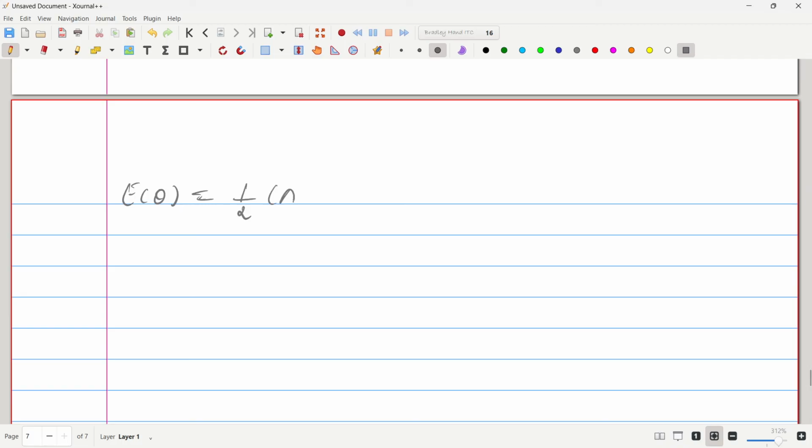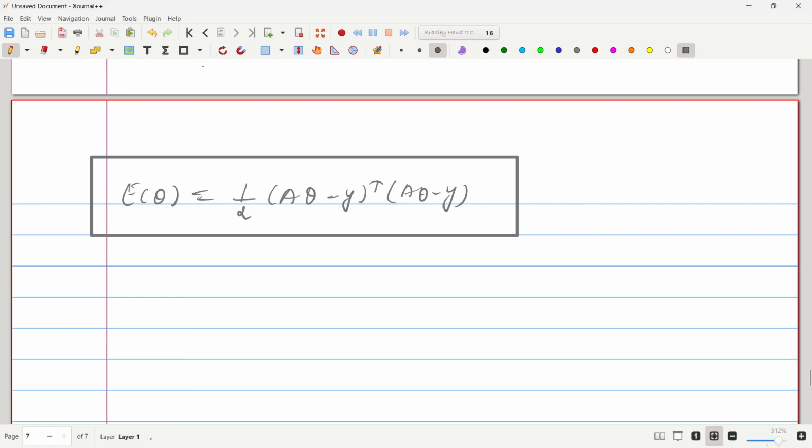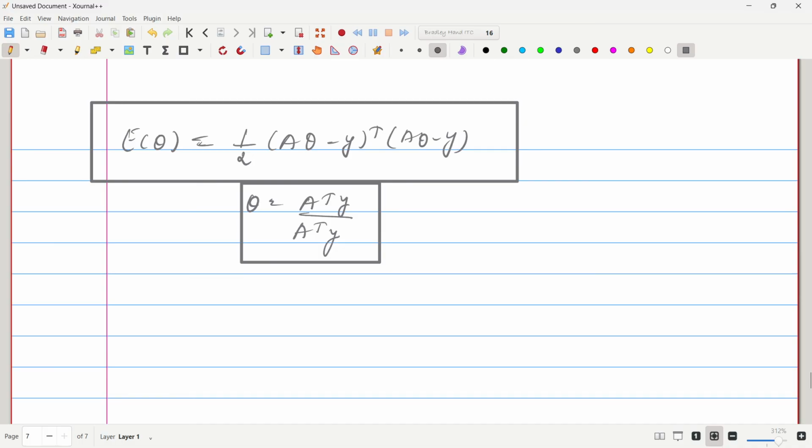They will ask what is the correct formula for finding the total error. So this is the formula: 1/2 (A theta minus y) whole transpose into (A theta minus y). And how will you find theta? Theta is A transpose y divided by A transpose A. These are the things which you have to keep in your mind.